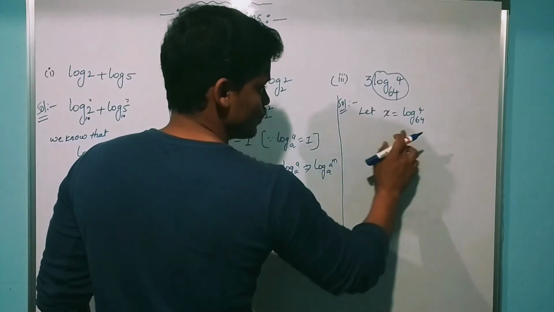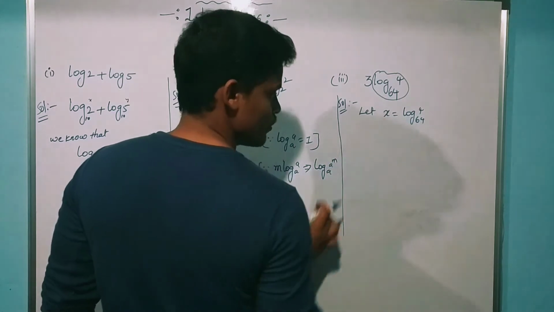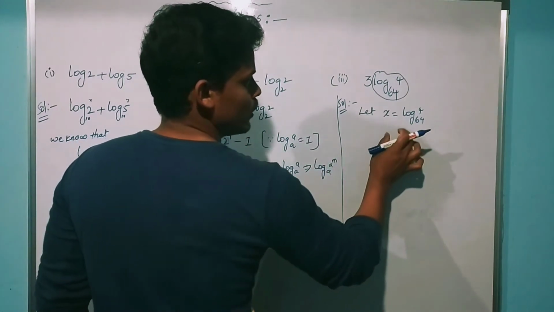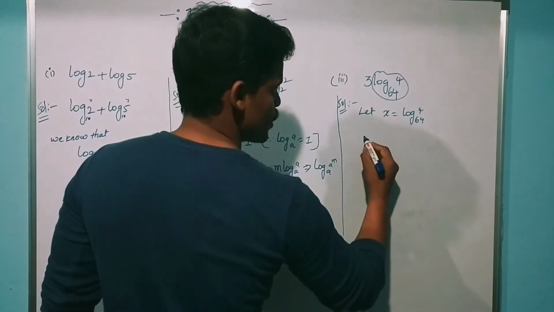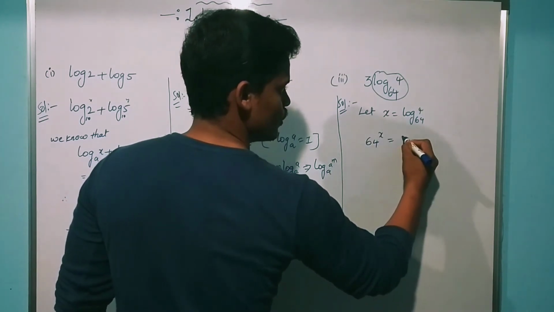This is in logarithm form, so I am writing the logarithm form into exponential form: 64 power x is equal to 4.